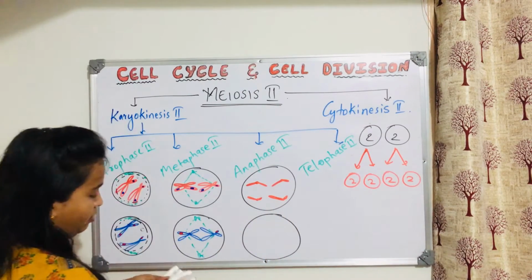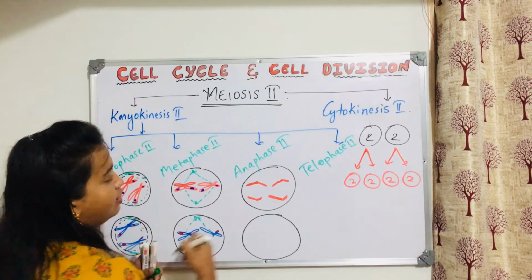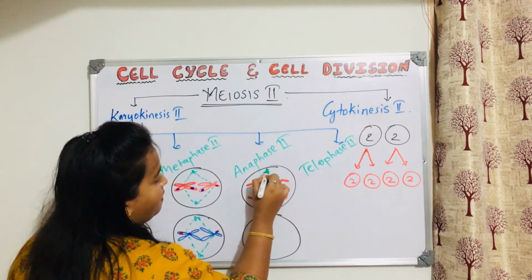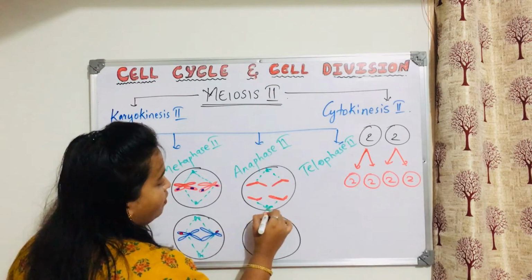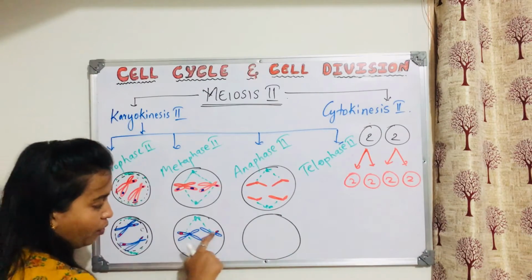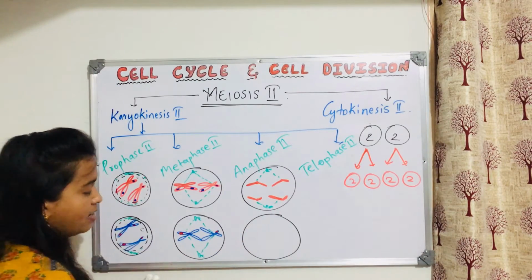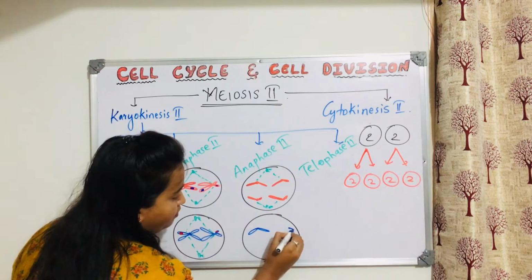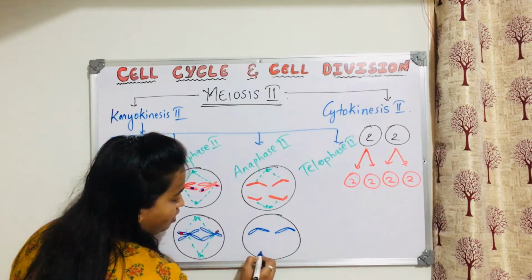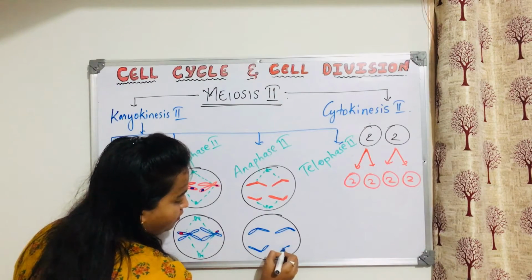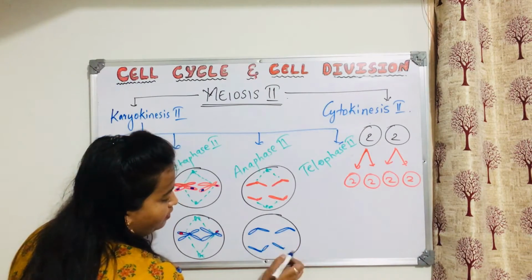Separation of chromatids is happening in anaphase 2. Again here also you can see the centromere will divide. That is why the chromatids will move towards the pole, because of centromere division.